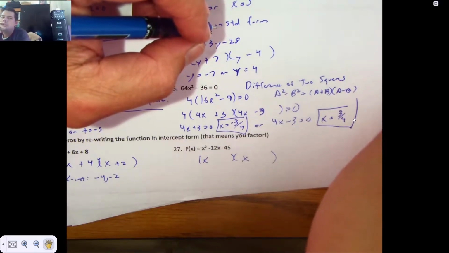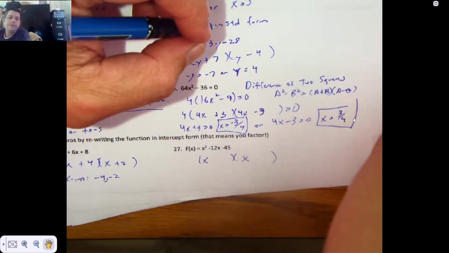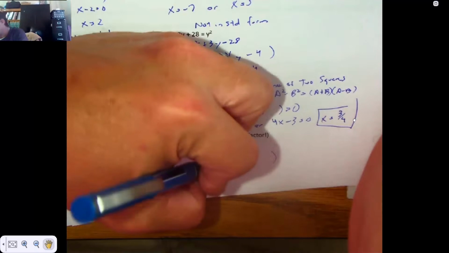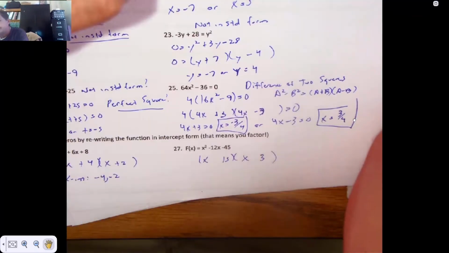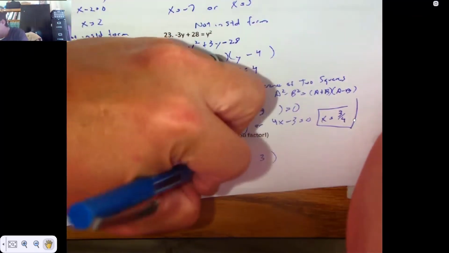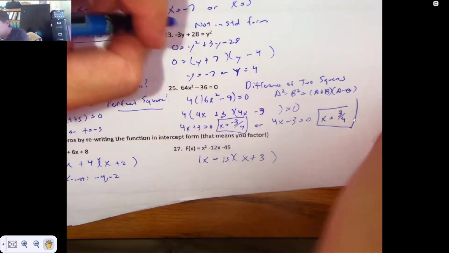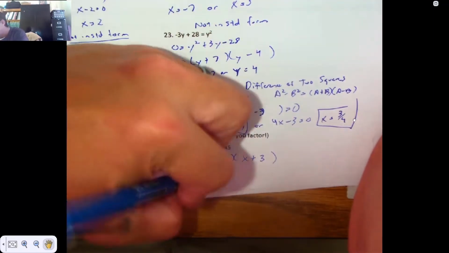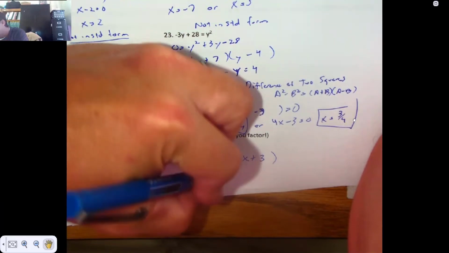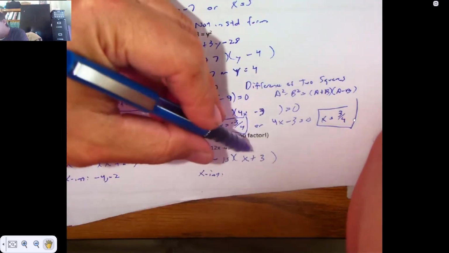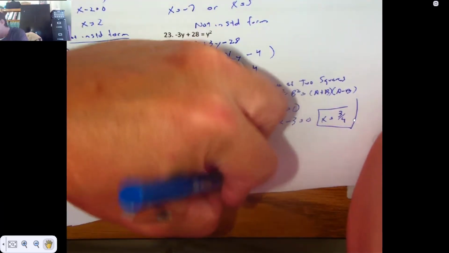That won't get you to a 12. 15 and 3. I'm an idiot. 15 and 3. Took me a minute there, didn't it? Some math teacher I am. I struggled. Anyways, my x-intercepts are going to be a positive 15 and a negative 3 because we change signs when we leave parentheses.